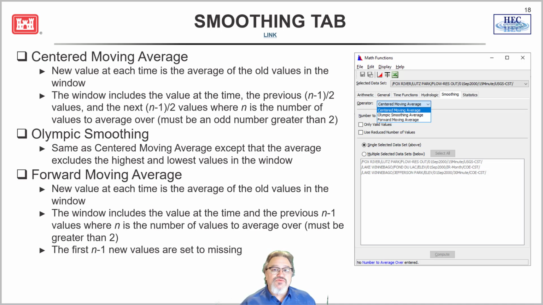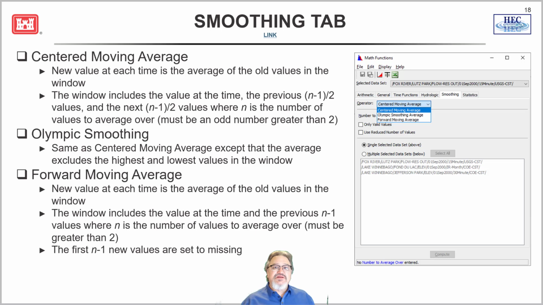Now, why would you want to use a centered moving average versus a forward moving average? The traditional answer to that was you would want to use a forward moving average when you needed the average to come up to the current time. And the reason is, if you're using a centered moving average or its variation, Olympic smoothing, you can't average up until current time because you don't have times after that time to include in the average.